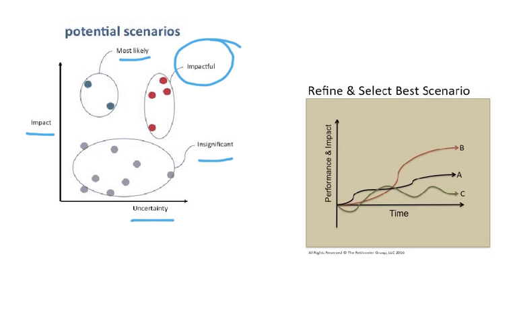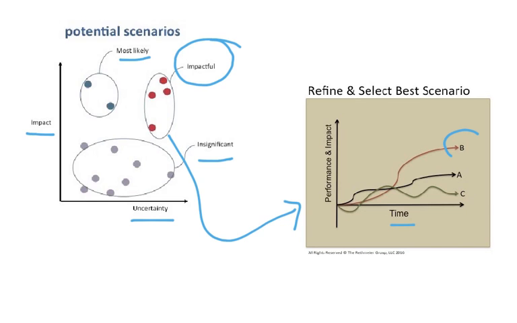And the idea is, again, groupthink, if you will, to come up with a series of criteria on how you're going to make your decision, and then move from there into the next diagram, the little graphic that says, okay, if we look at the performance and impact, levels of performance and impact over a period of time, then what is the scenario that gives us the best bang for the buck?